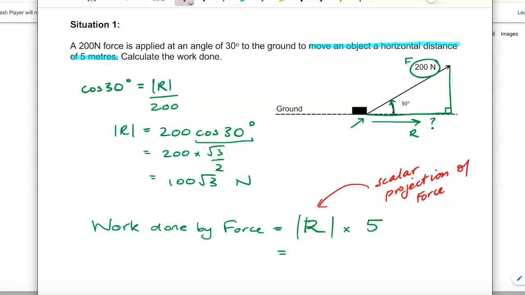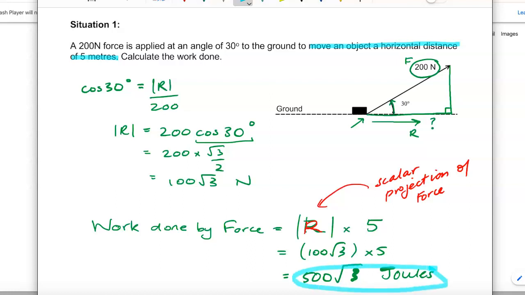So that's just what value that force has created as the result. And we want to do that for 5 meters. So that's going to be 100 root 3 times 5. And that's going to produce the work as 500 root 3 joules. That's our final work done.